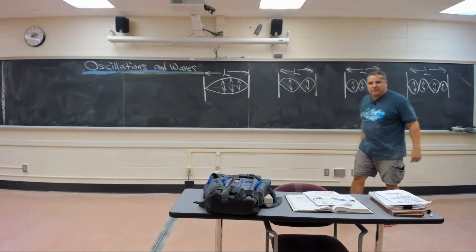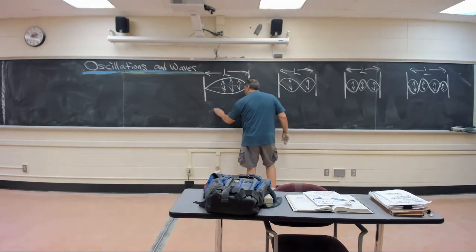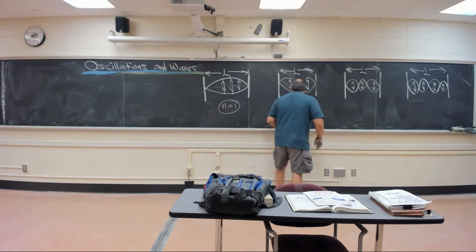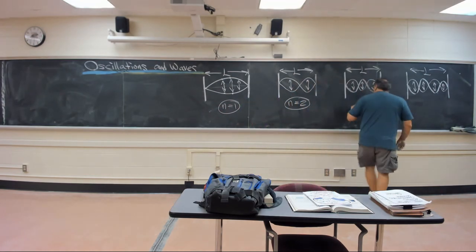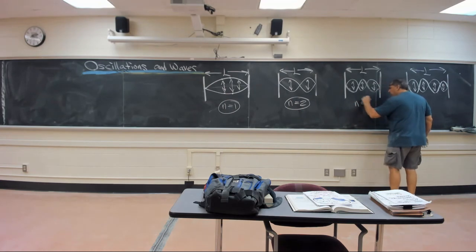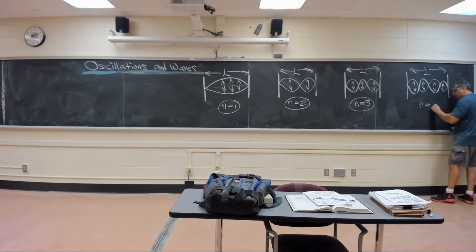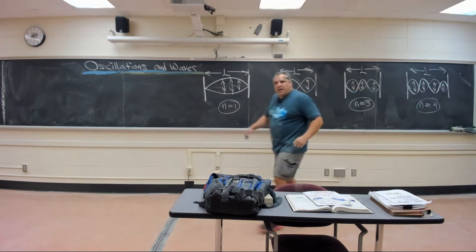We can go 5 hills. N is the number. Okay, N is 1. N equals 1 right here. N equals 2 right here. N equals 3 right here. N equals 4 right here.